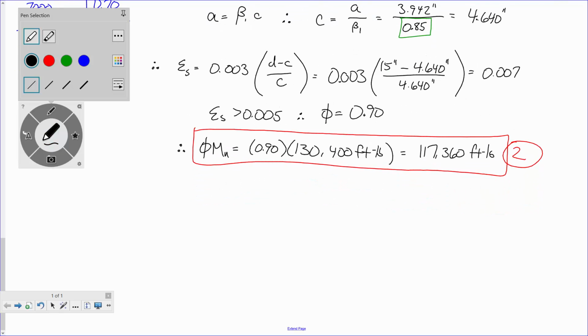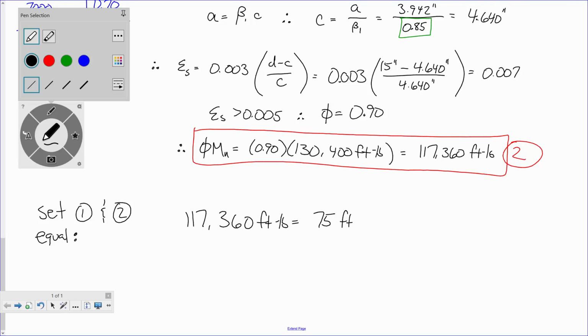So I'll set 1 and 2 equal. So 117,360 foot-pounds equals 75 foot-pounds plus PL times 4 feet.